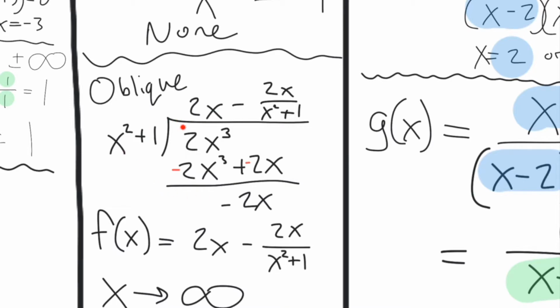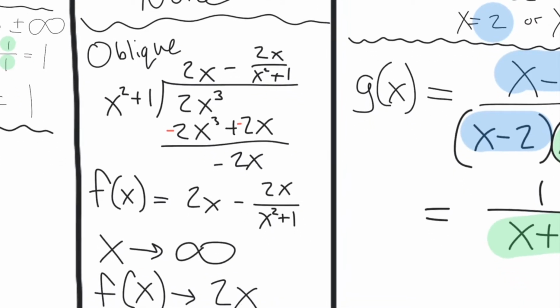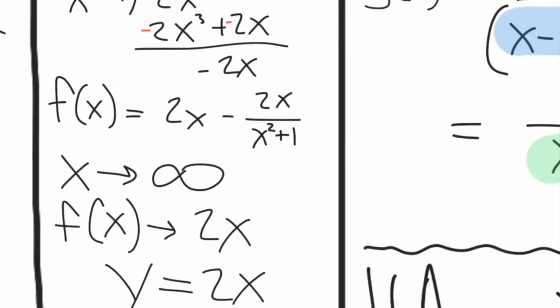You put that over what you're dividing by, the divisor, and you have negative 2x over x squared plus 1. This expression here is exactly equal to the original, except that it's easier to see the oblique asymptotes.